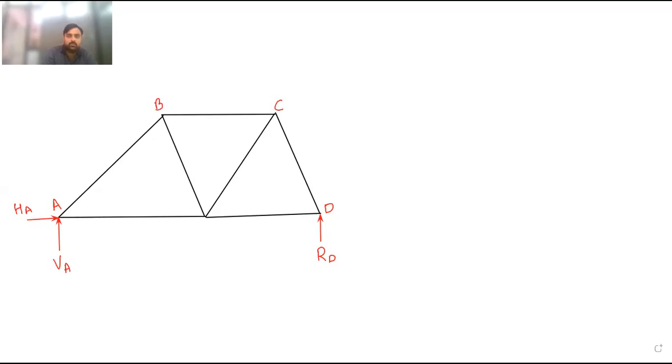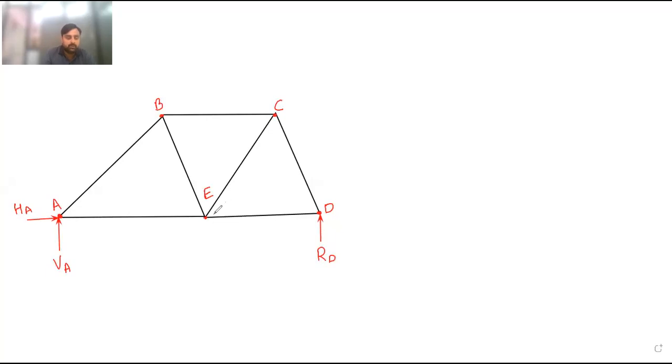C, D, E. These are the joints. Two or more than two members, if they are meeting at a point, then that point is called a joint.